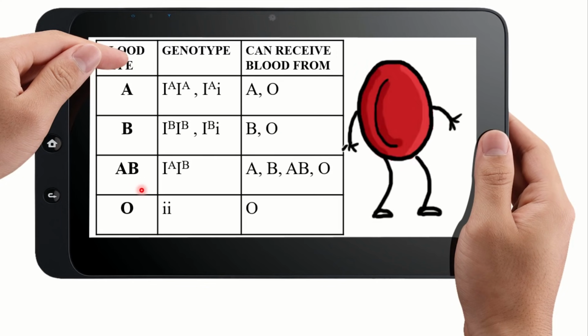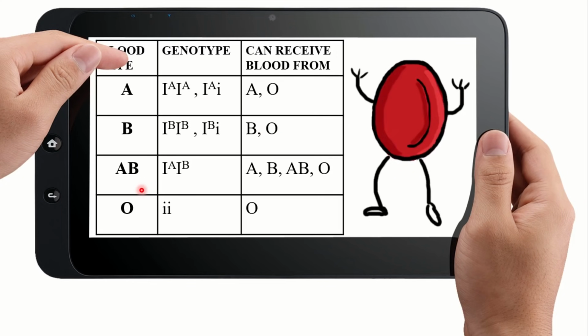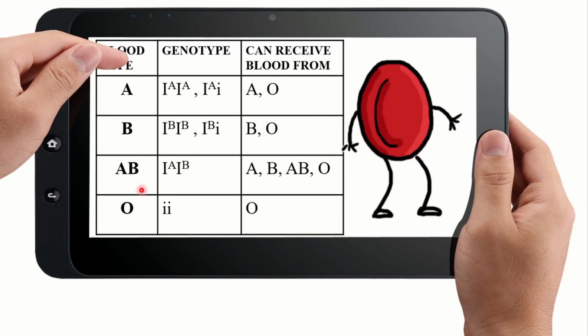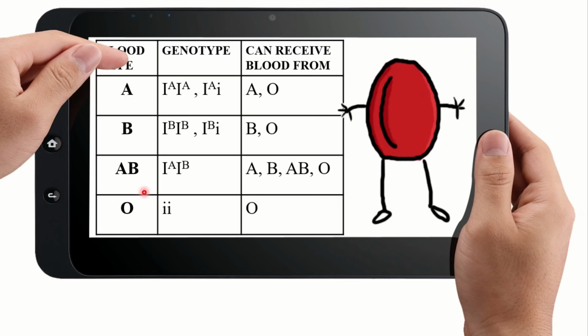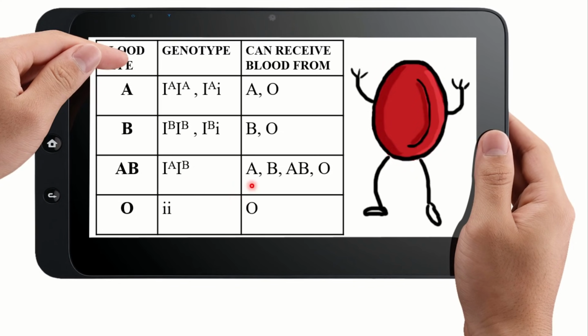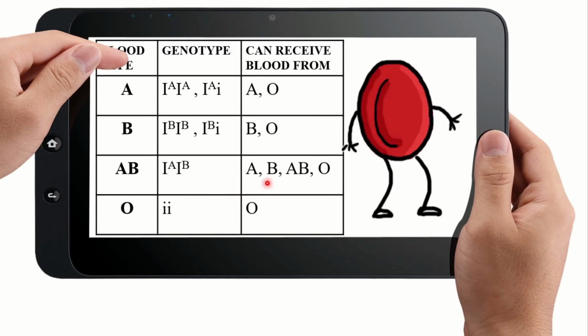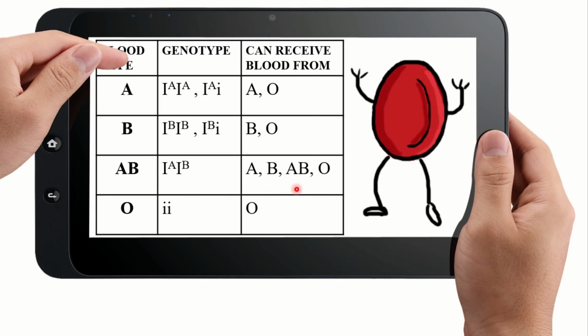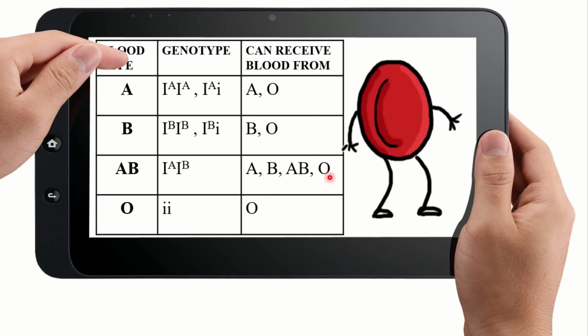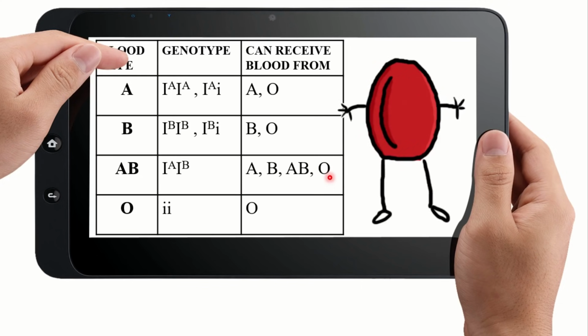For blood type AB, it is an example of both codominance and a trait with multiple alleles. It has a genotype of IA and IB. It can receive blood from blood type A, blood type B, blood type AB, and blood type O. That is why it is called the universal blood receiver.